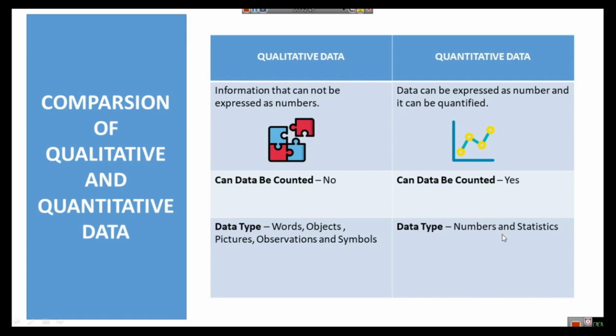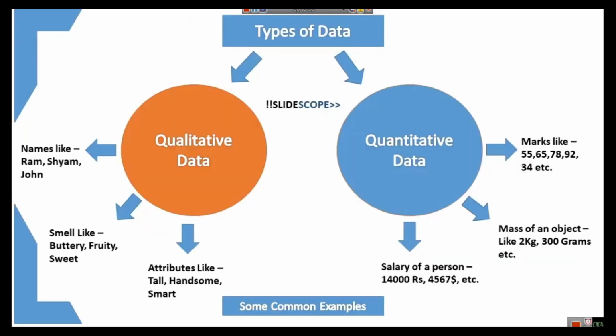So this is some basic information about qualitative and quantitative data. Again, we have the same example, and in this slide we are discussing some examples of qualitative data and some examples of quantitative data for better understanding. So types of data: qualitative and quantitative.